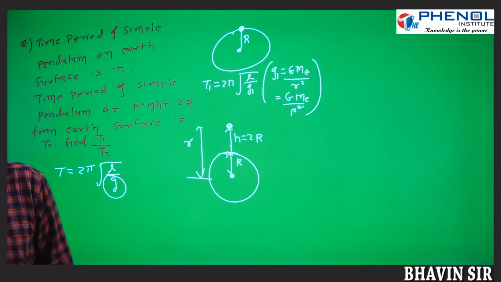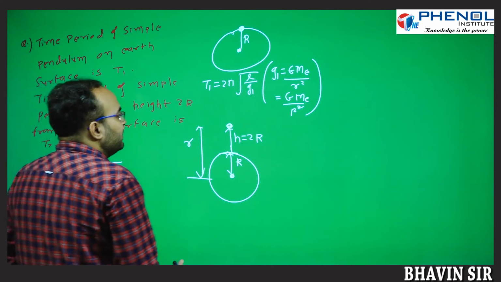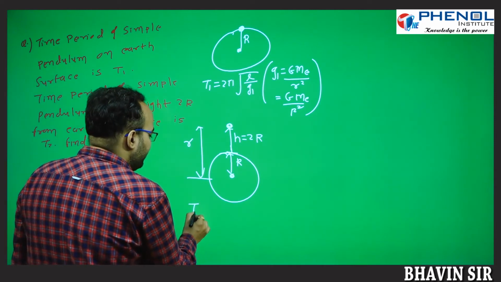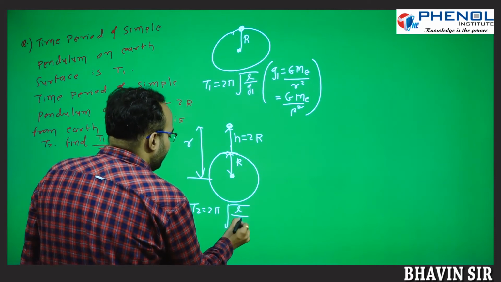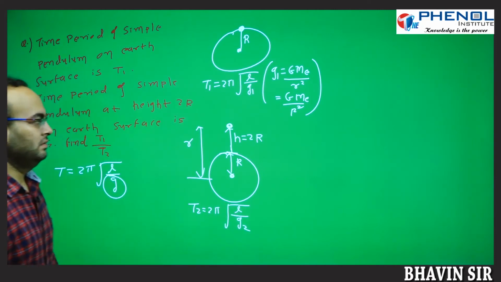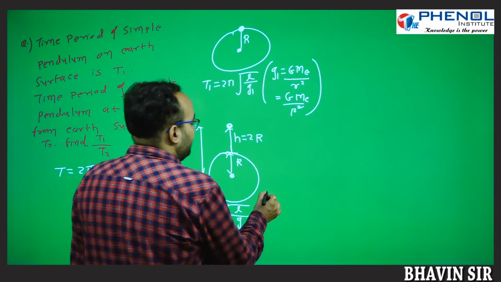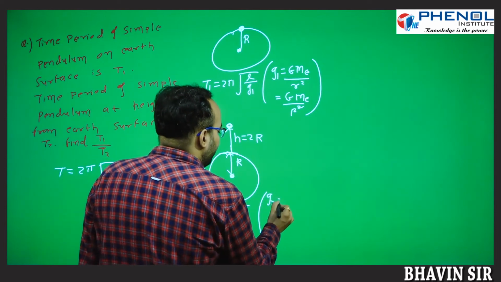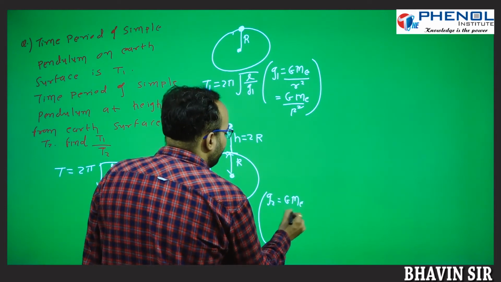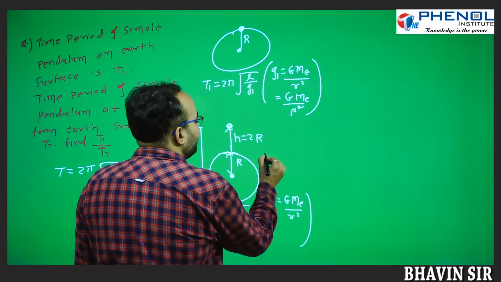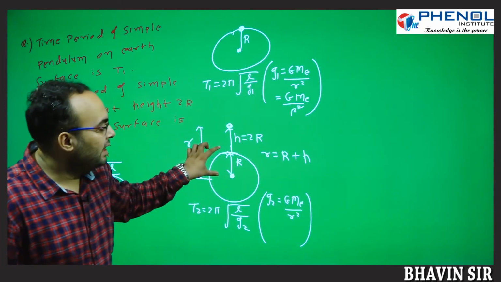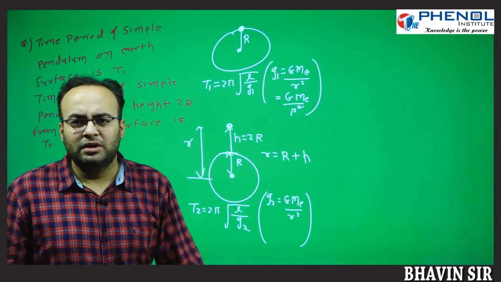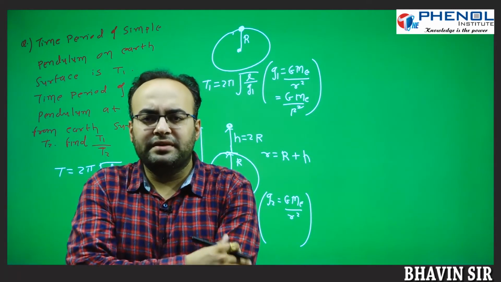R plus 2r, 3r. So now what is the formula of time period? 2 pi under root L by g2. g2 is G Me by, and what is the distance from center?